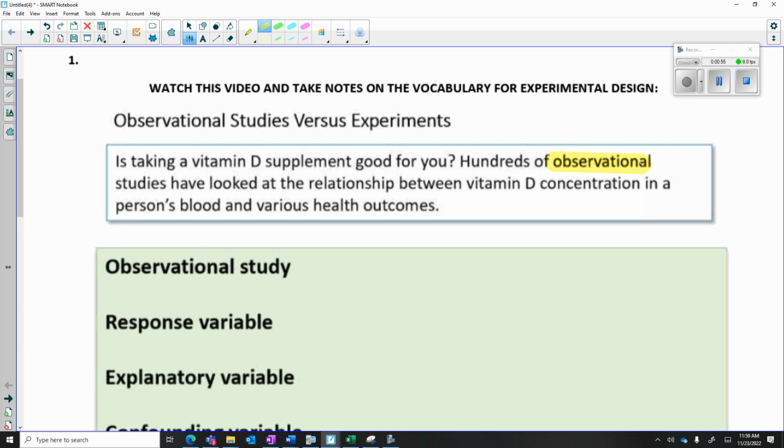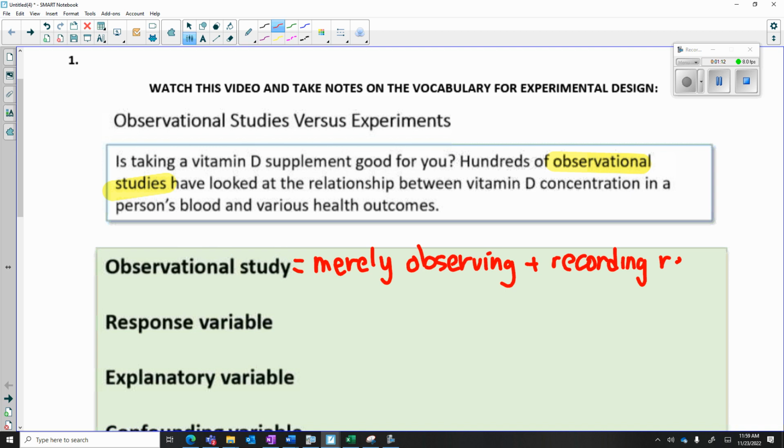An observational study is exactly what you think it is: they're merely observing what happens and recording results based on some pre-existing conditions that are occurring.